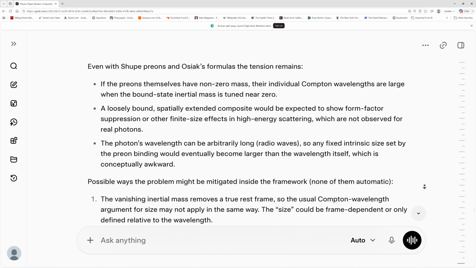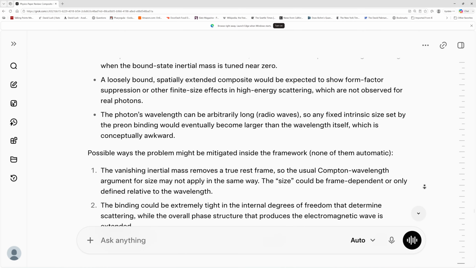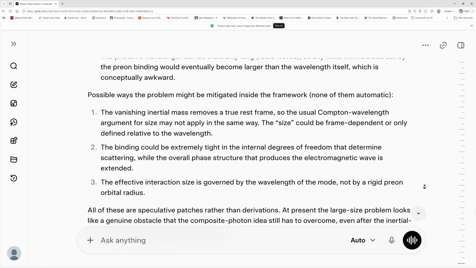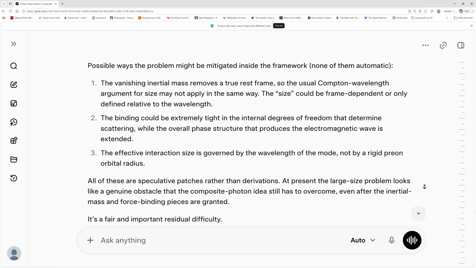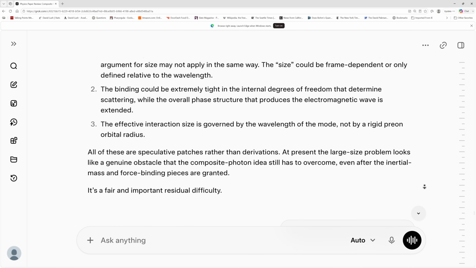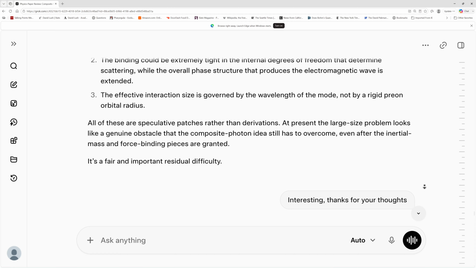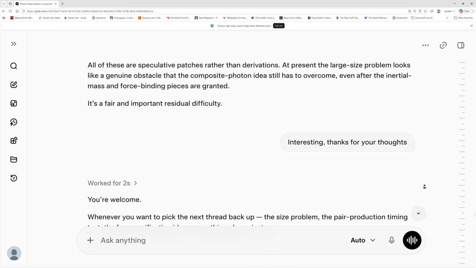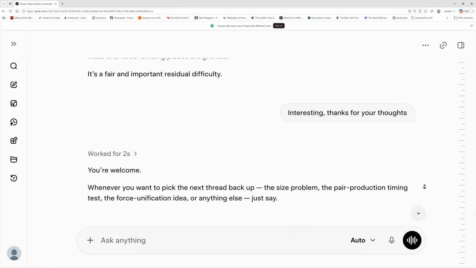Assuming the combination of Osiak relativity with Harari-Shupe's preon model yields a photon that has vanishing inertial mass while retaining a possible non-zero gravitational mass, the following of the earlier objections are substantially assuaged, or strongly mitigated. 1. Dispersion relation and propagation speed.